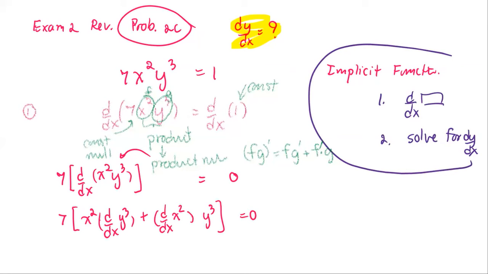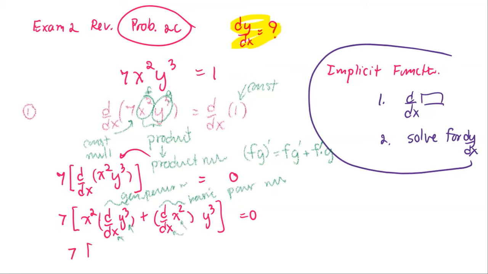And next, for the derivative of y to the third with respect to x, we're gonna use the general power rule because x and y are not the same variable. For the second piece, the d x squared dx, we're gonna use the basic power rule because x and x are the same variable.